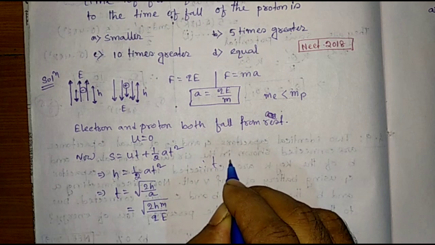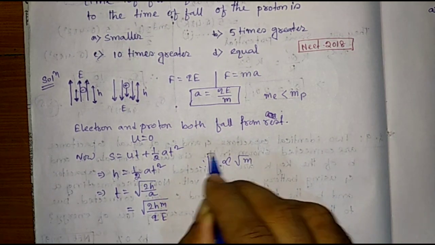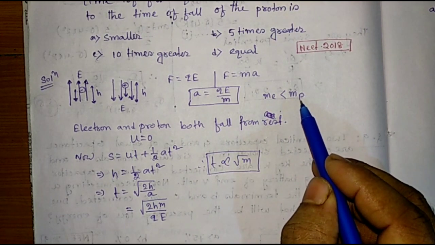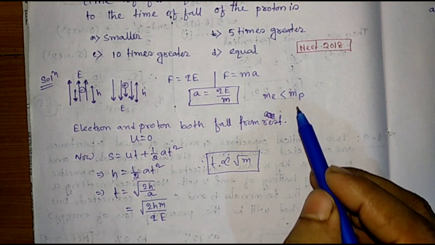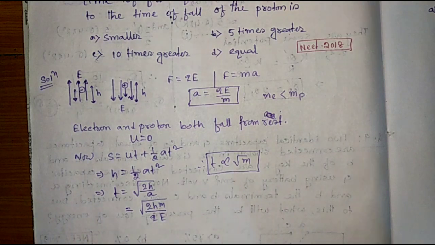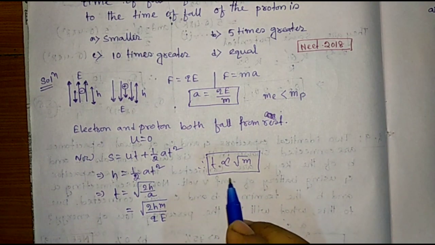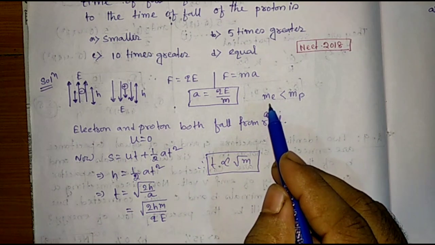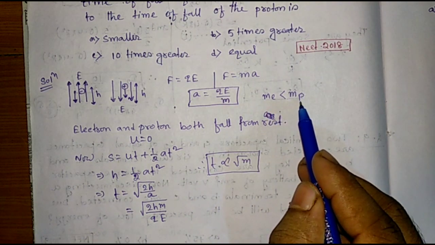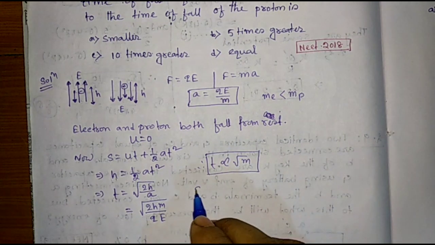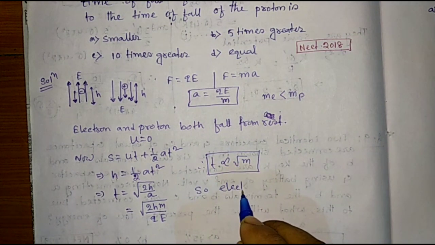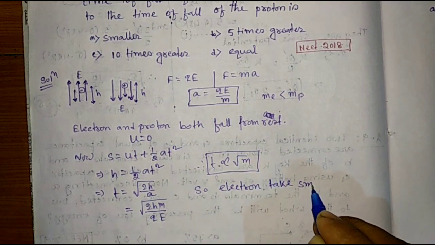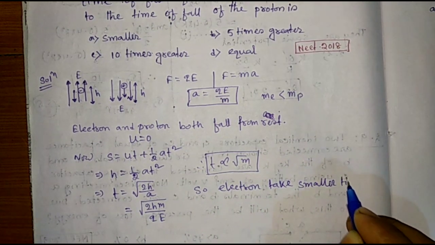Therefore t is proportional to root over m. As the mass of the proton is greater than the mass of the electron, and time is proportional to root over the mass, the electron has lesser mass than the proton, so the electron takes smaller time.